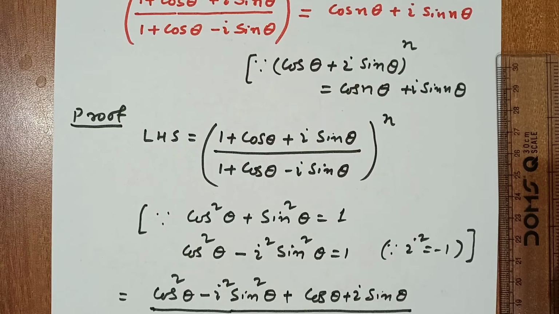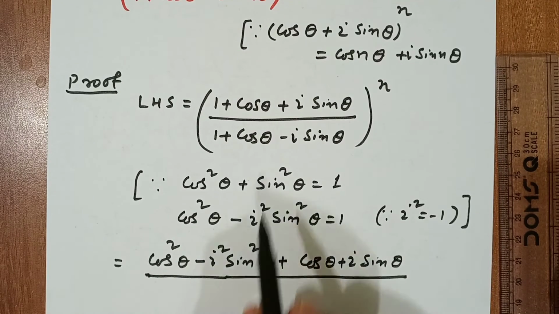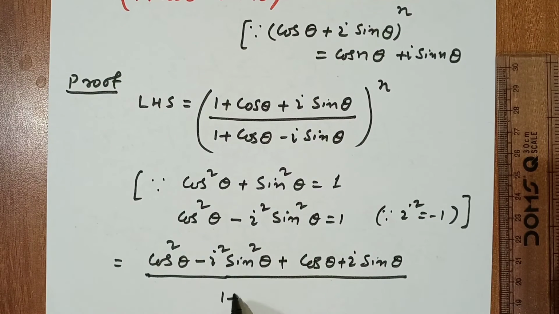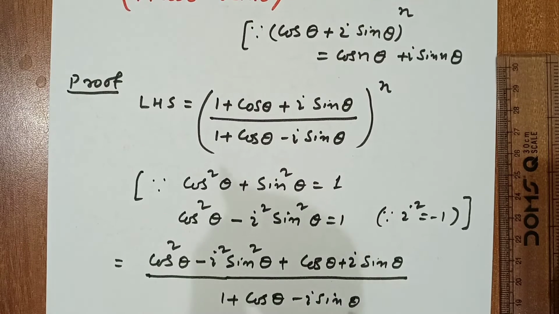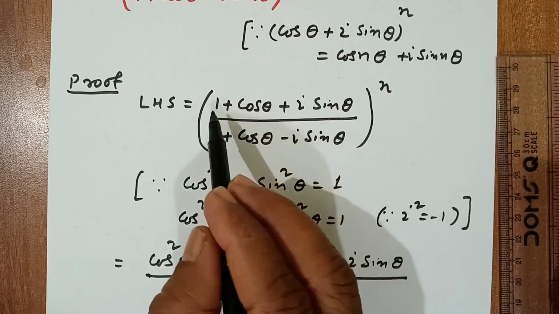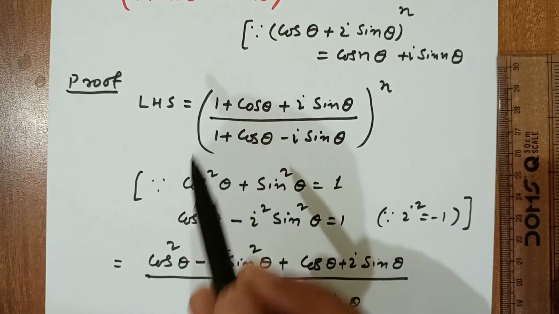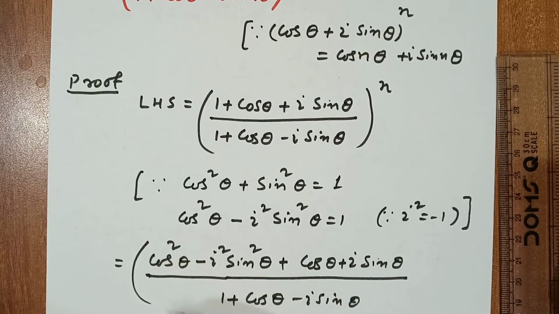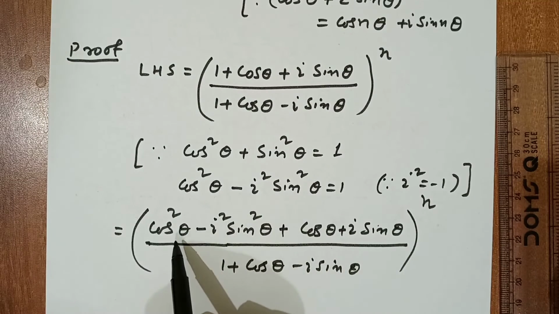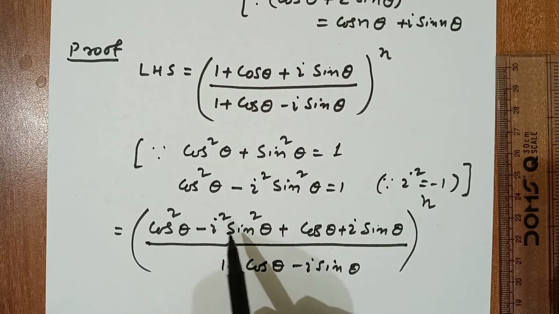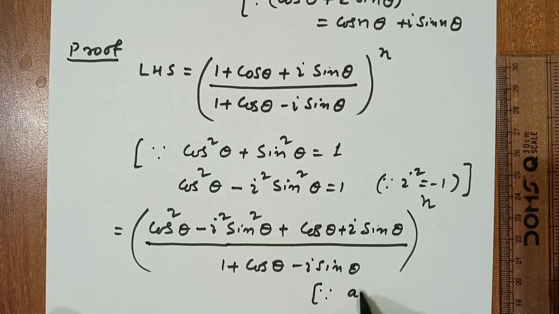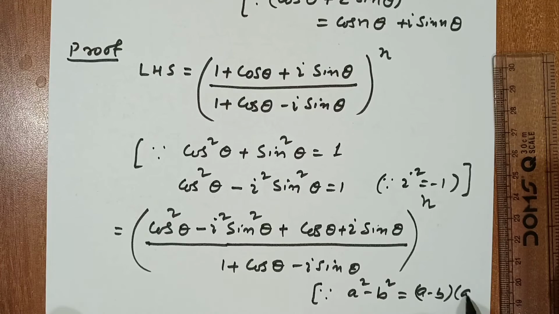In the denominator, it is the same as it is: 1 plus cos theta minus i sin theta. Now a square minus b square is equal to (a minus b)(a plus b).